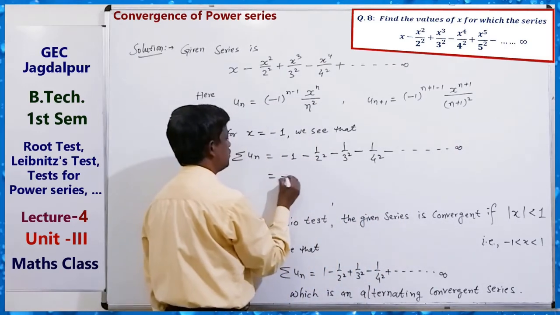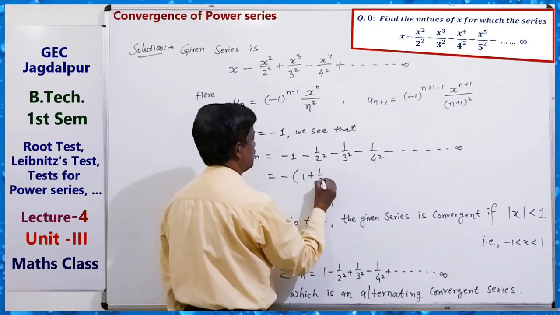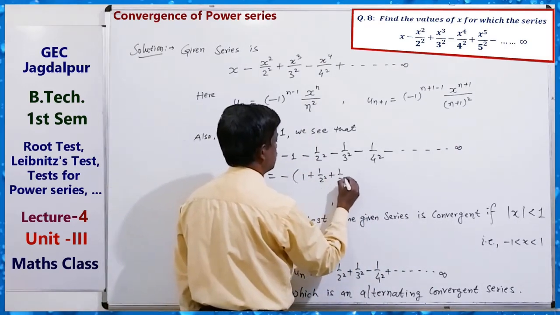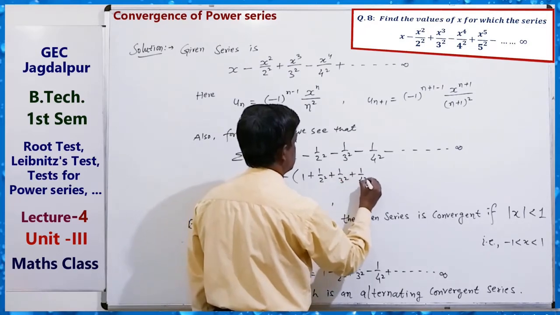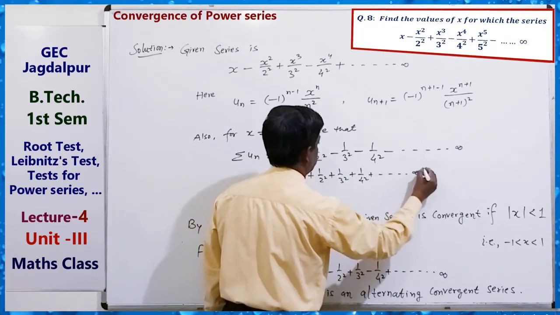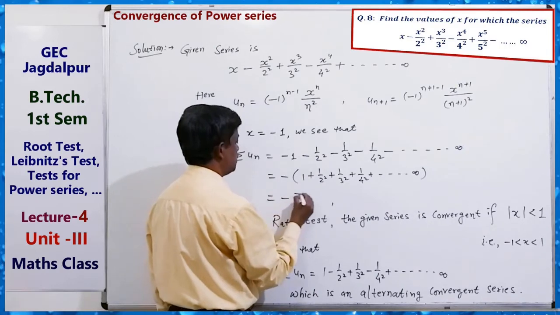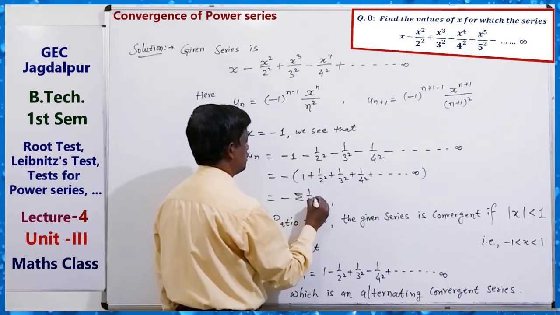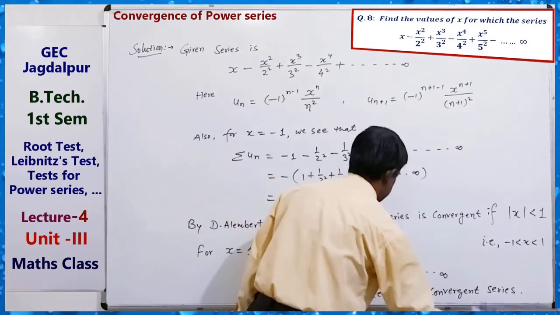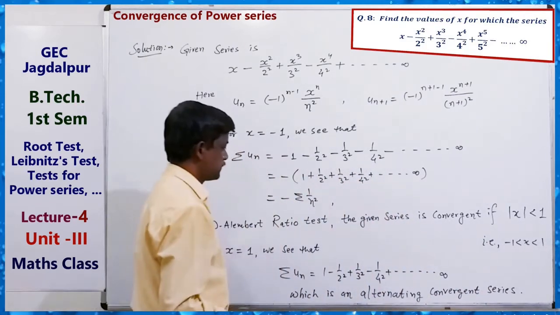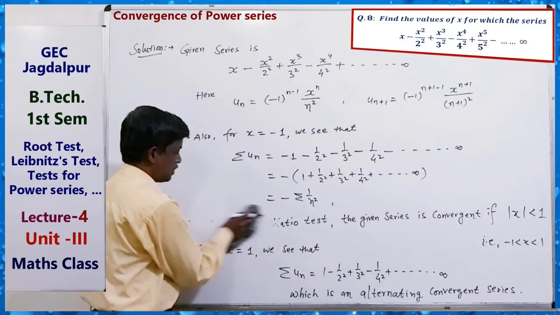That is minus 1 plus 1 by 2 square plus 1 by 3 square plus 1 by 4 square plus up to infinity. That is minus sum of 1 upon n to the power 2. Clear?